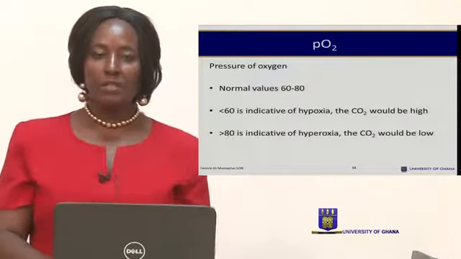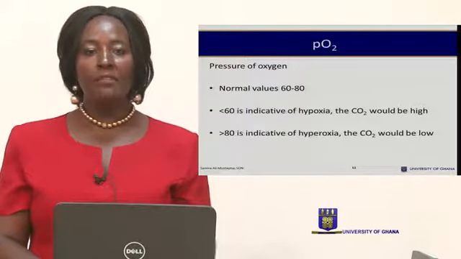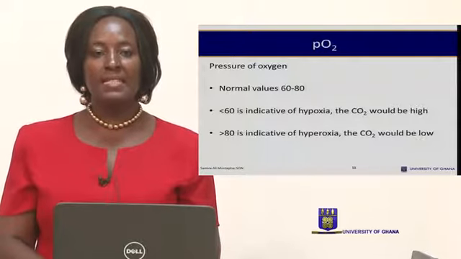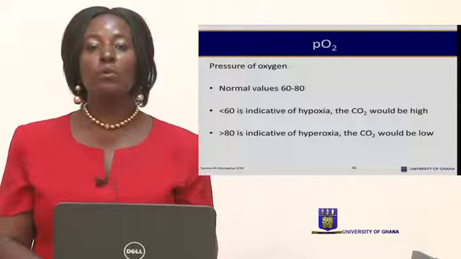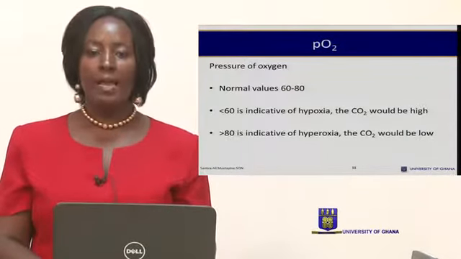And then oxygen. Partial concentration of oxygen, normal value 60 to 80. When it is less than 60, it indicates hypoxia, and also connotes that the carbon dioxide level is high.